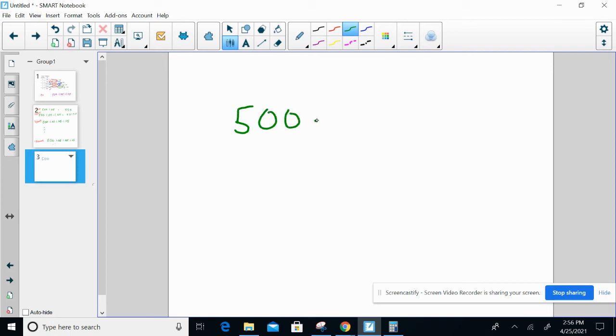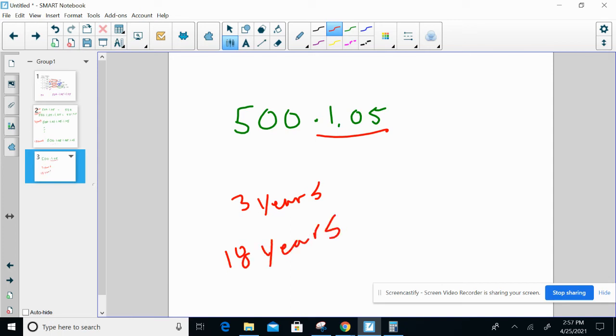We're taking it times 1.05, depending on how many years, right? If it's 3 years, we do this 3 times. If it's 18 years, we do this 18 times. Multiply times 1.05, 18 times.